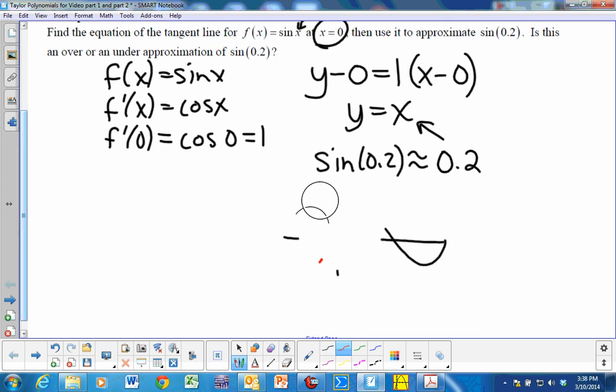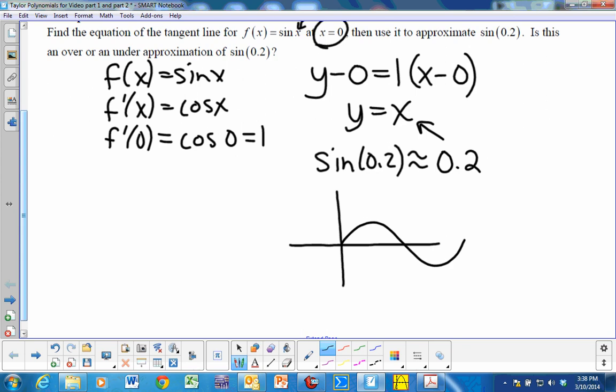Let me draw it a little bit better. And we're going to get that they are pretty close to each other when you're close to 0. So in this area, the tangent line is pretty close to the values of sine.